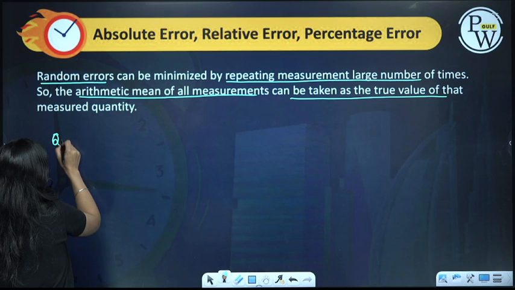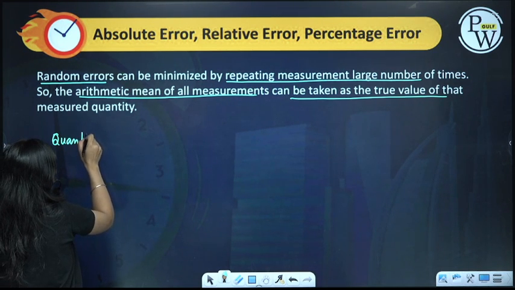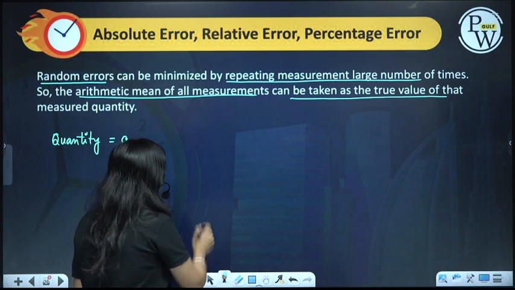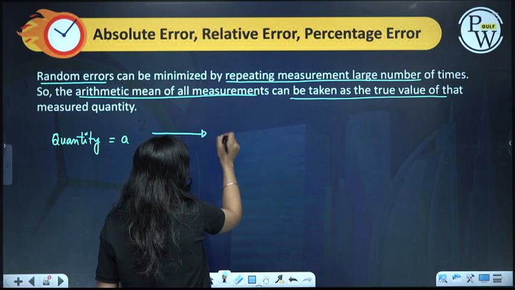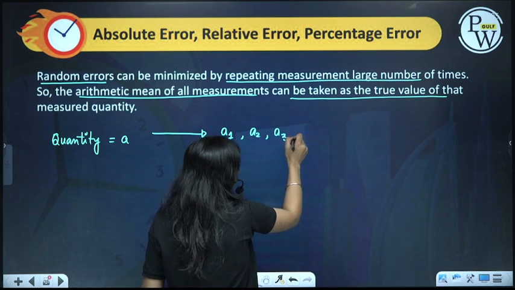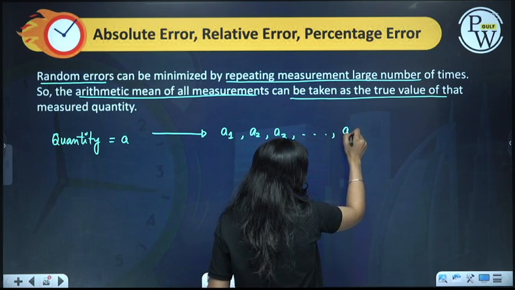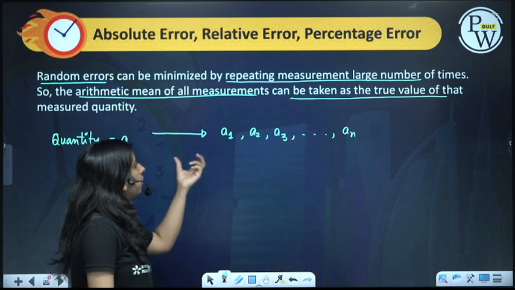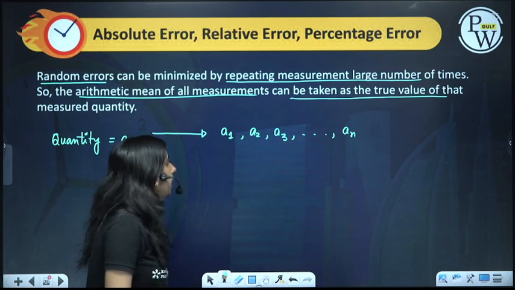Suppose we are measuring a quantity A and we do a large number of repetitions and get the results A1, A2, A3, and so on up till AN. I repeated the measurement N times.